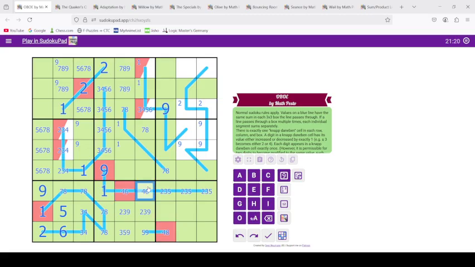If this is a 4, then that's 3, 6. Hmm, not necessarily. That'd be a 6. This could be a 4 or an 8, because there's no 5 looking at it. One of these two is a 2, one of those two is a 5.